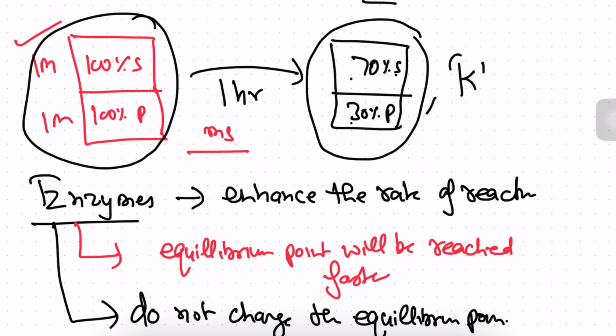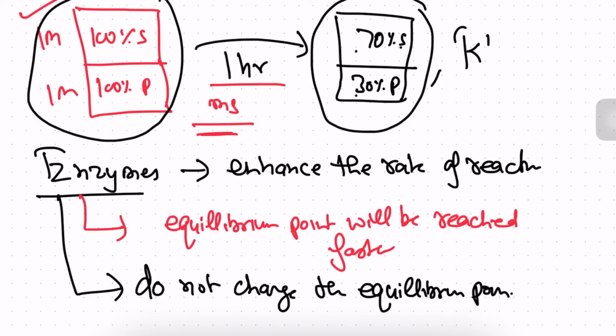Now here, in the presence of enzyme, this reaction will occur at a fast rate. In the absence of enzyme, it will occur very slowly. It may be 1 hour, 2 days, whatever it is. So hopefully you will remember that enzymes enhance the rate of reaction.